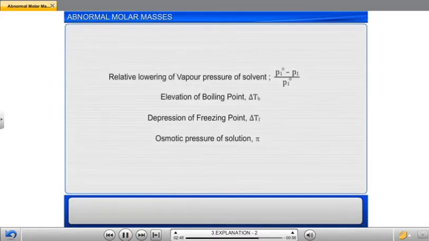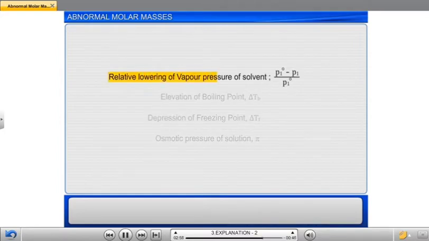The modified equations for colligative properties using van 't Hoff's factor can therefore be written as: relative lowering of the vapor pressure of solvent, (P1° minus P1) divided by P1° is equal to i multiplied by n2 divided by n1.